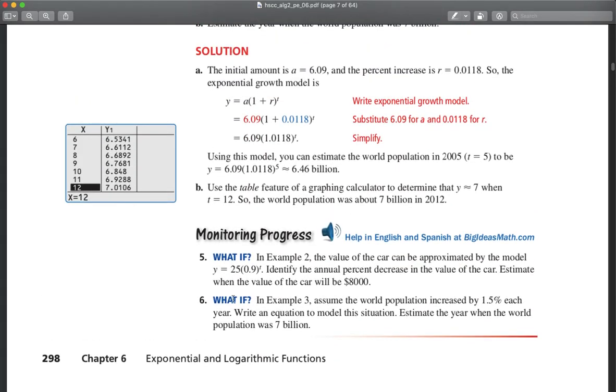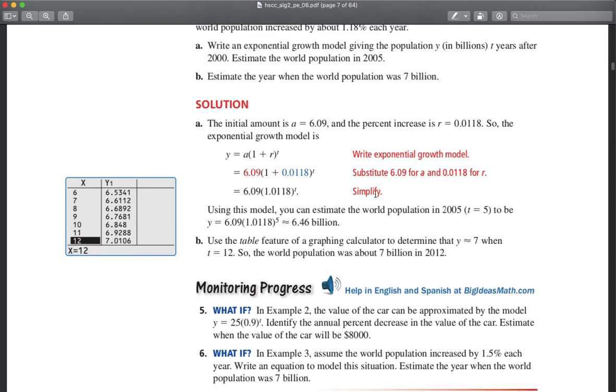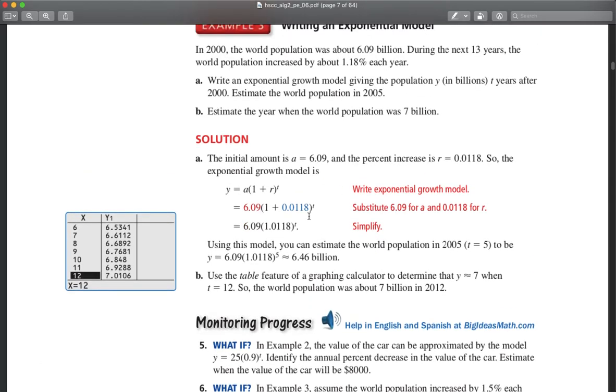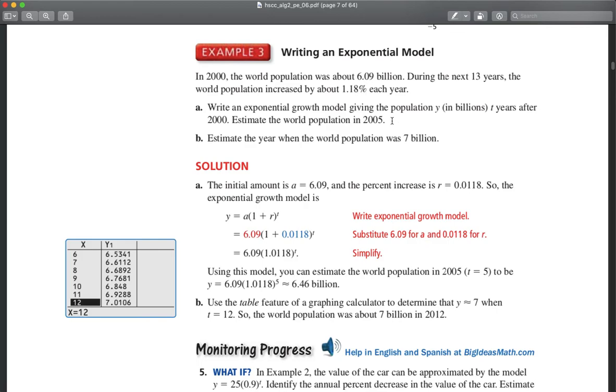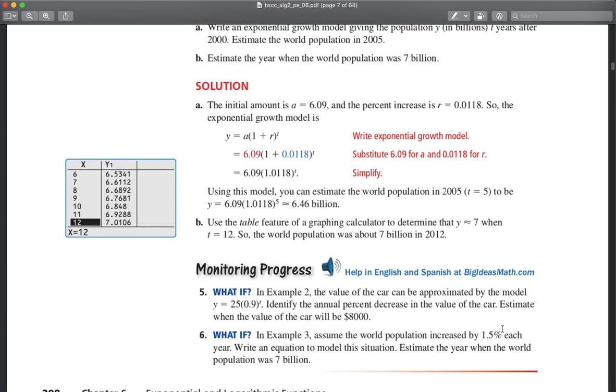In monitoring progress, problem number 6, in example 3, assume that the world population actually increases by 1.5 percent and not what initially gave us, which is 1.18. So you're going to write an equation with these circumstances instead.